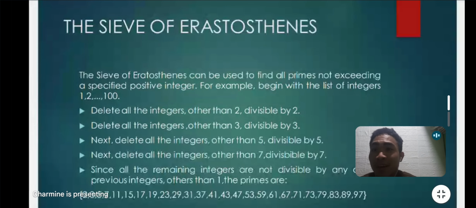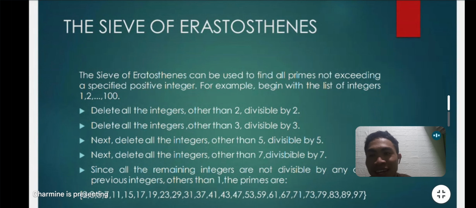The sieve of Eratosthenes can be used to find all primes not exceeding a specified positive integer. For example, begin with a list of integers 1, 2, 3, 4, 5, 6, and so on. First, delete all the integers other than 2 divisible by 2.